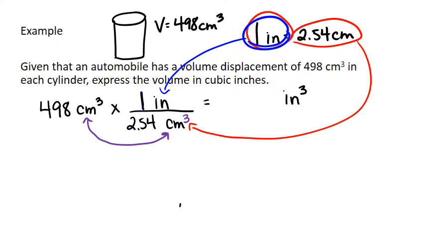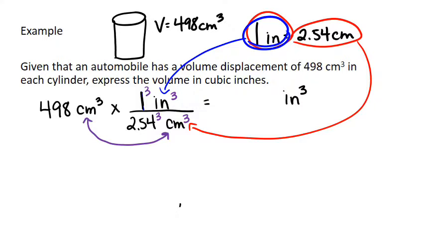But mathematically, if I make one change to part of the problem or part of the equality, I have to do that to every part. So if I cube the centimeters, I'm also going to cube the 2.54. If I cube the 2.54 and the centimeters, that means I also have to cube the inches and I have to cube the 1. Okay?